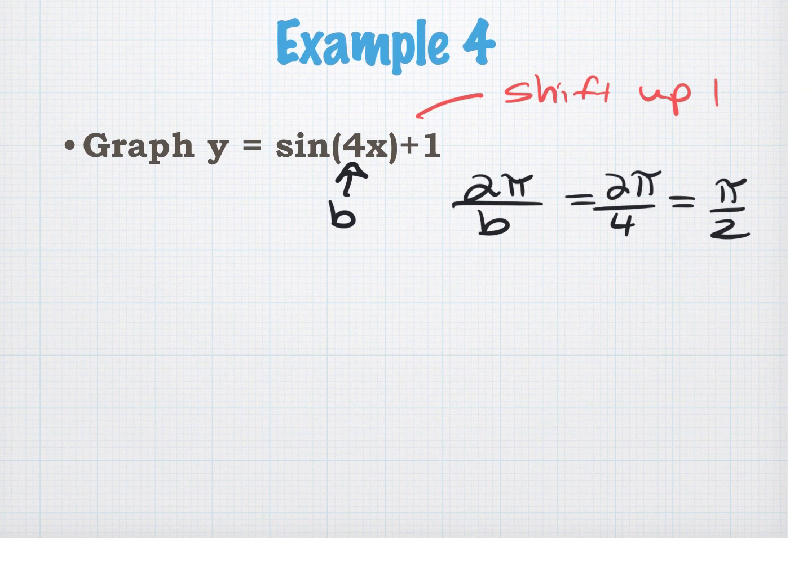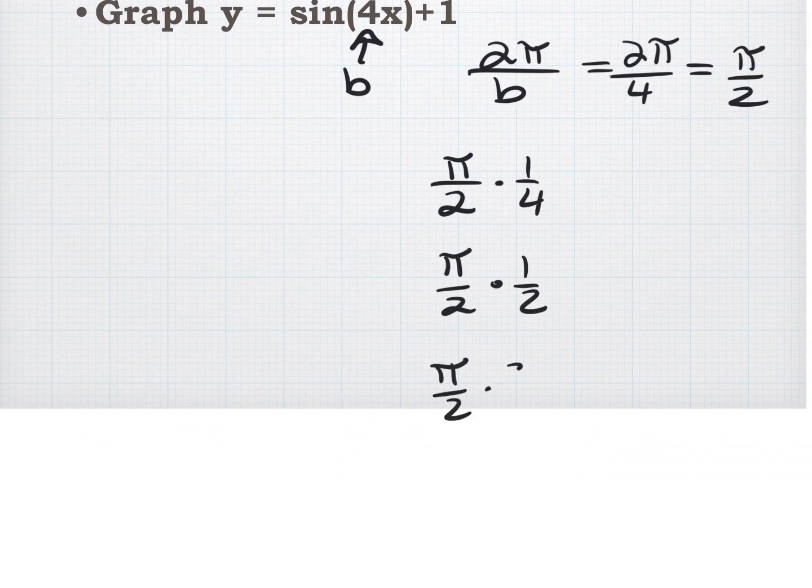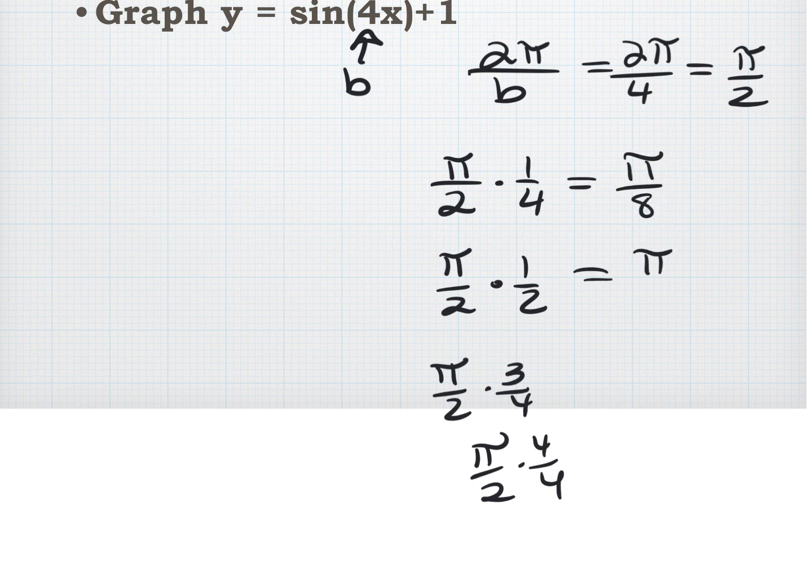So now I take that newly found period length, and I'm going to break it into quarters. So pi over 2 times 1/4, pi over 2 times 1/2, pi over 2 times 3/4, and pi over 2 times 4 over 4. So here I get pi over 8, pi over 4, 3 pi over 8, and then 4 over 4 is just 1, so pi over 2.